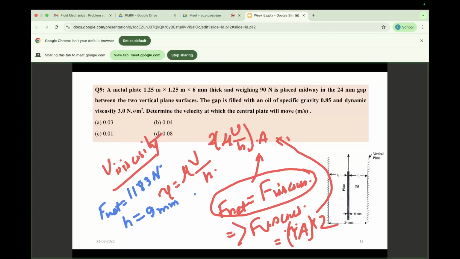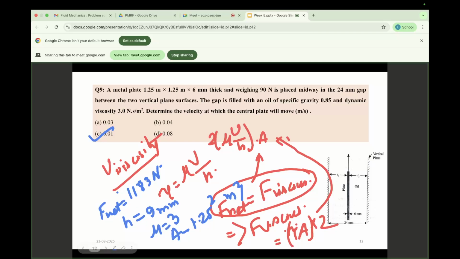So you got H, you got F net, mu is also given, mu is 3, area is also given, 1.25. Okay, so that is how this problem will be solved. So after solving you will get V is equal to 0.01.